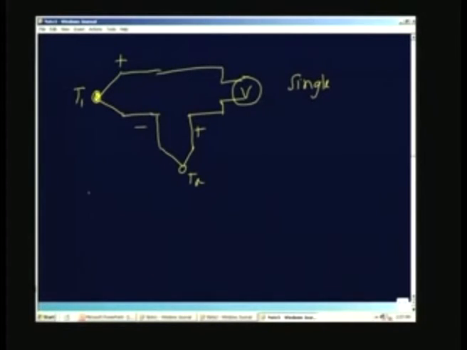Suppose I take several junctions. So, I am going to connect like this.